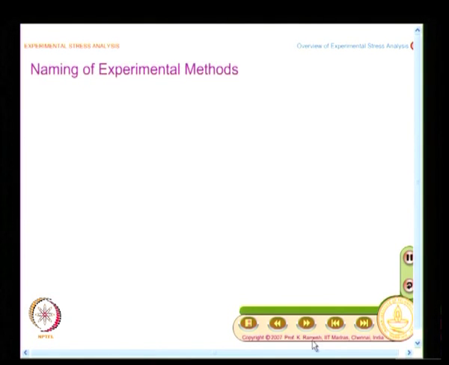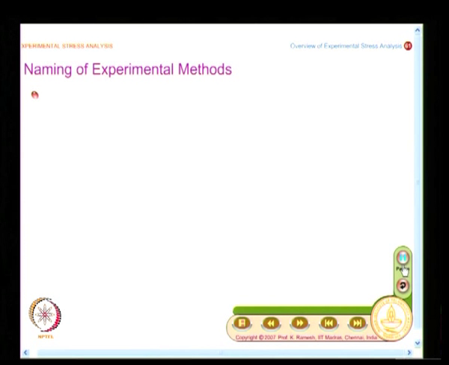And now what we move on to do, let us have a very interesting discussion on naming of experimental methods. You may wonder, name can signify many things.